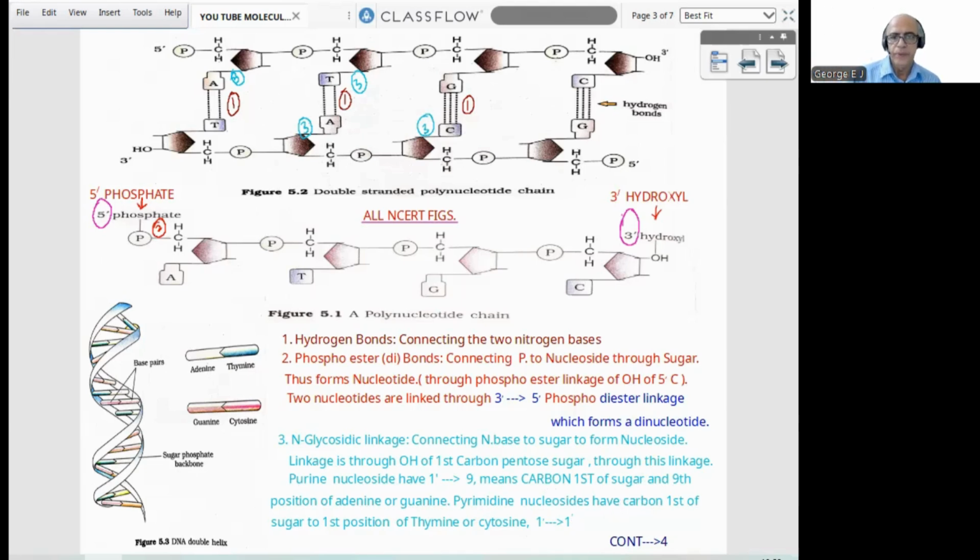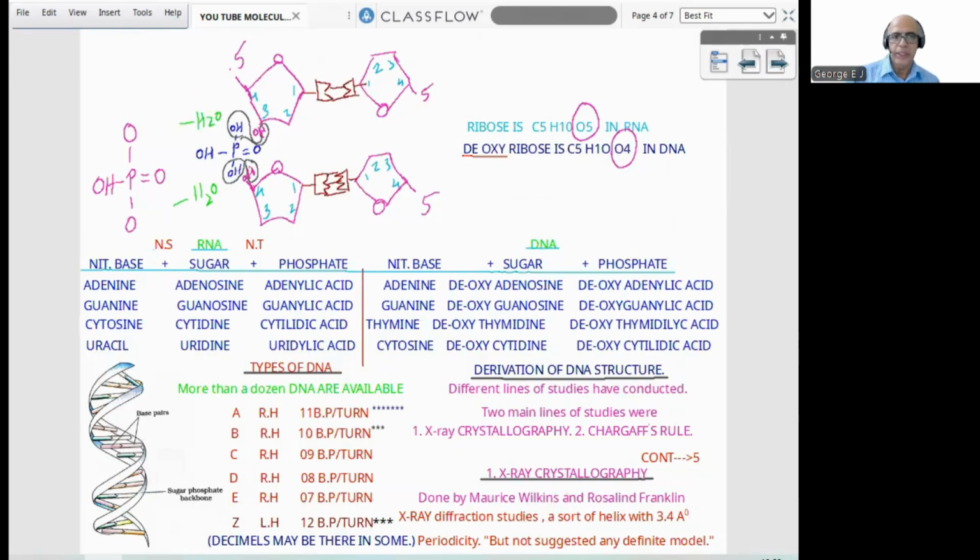Okay, now we can proceed to a diagrammatic representation of it, so it will be clear. See, this is the sugar, this is the nitrogen base, the linkage you can find here, the hydrogen bond you can find, and here comes the phosphodiester bond connecting with the phosphoric acid.